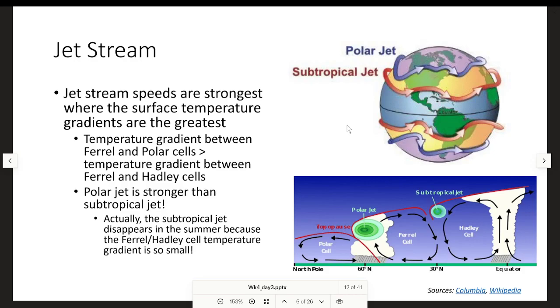So the temperature gradient between the Ferrel and polar cells is stronger than the temperature gradient between the Ferrel and Hadley cells. That means the polar jet is going to move faster than the subtropical jet. And the subtropical jet disappears in the summer because the Ferrel and Hadley cells have a small temperature gradient. So it's more of a wintertime type of jet.